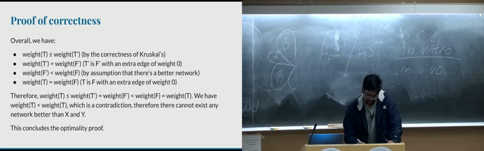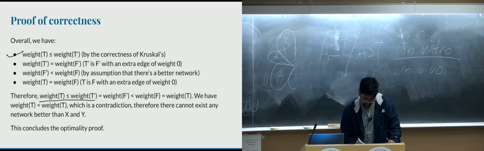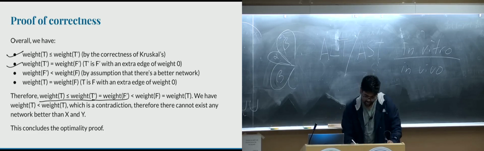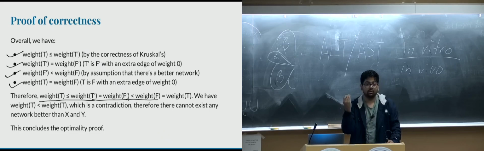Because what we showed here is weight of T is less than or equal to weight of T prime, by the correctness of Kruskal, and weight of T prime is equal to weight of F prime, because adding extra weight 0 won't increase the cost of the graph, and it has to be strictly less than this graph F. That's what we assumed. And weight of T is nothing but equal to weight of F, because we are just adding an edge with weight 0. So this is true.